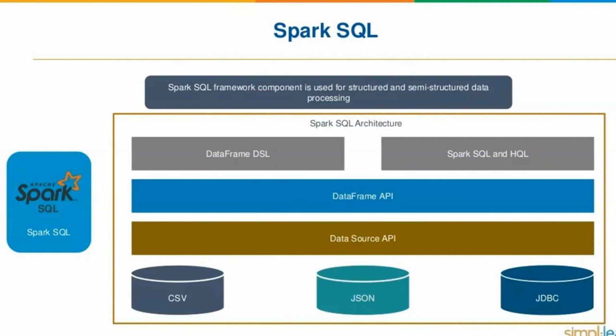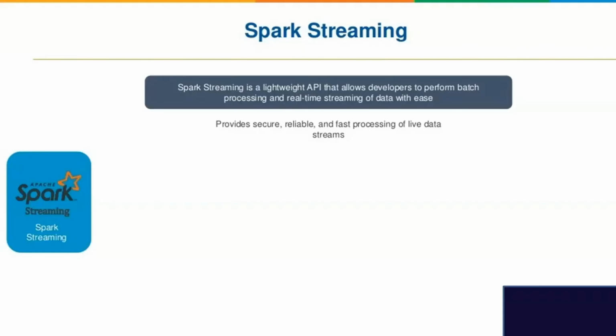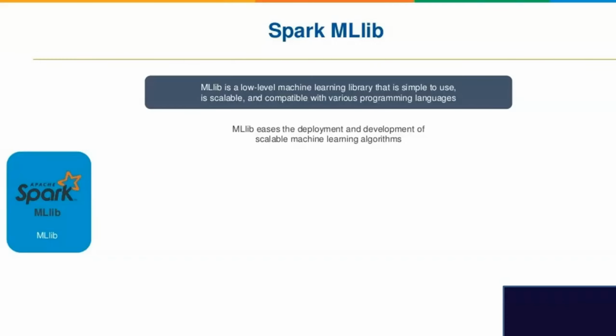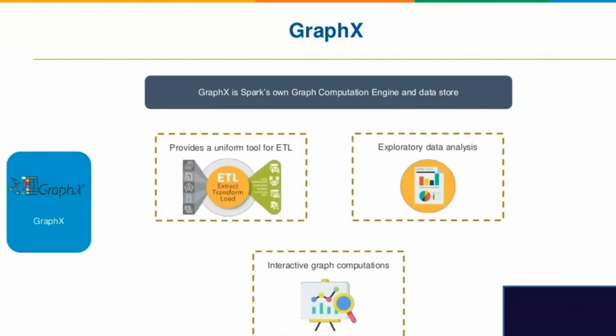Spark also has Spark SQL, Spark Streaming, Spark MLlib, and GraphX. Since we are not going into more overview of these topics right now, we are moving towards the architecture of Spark.